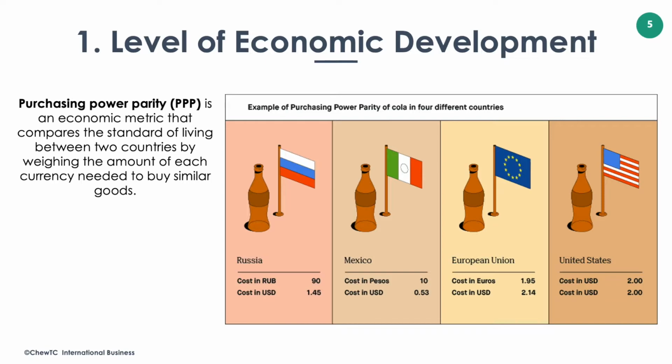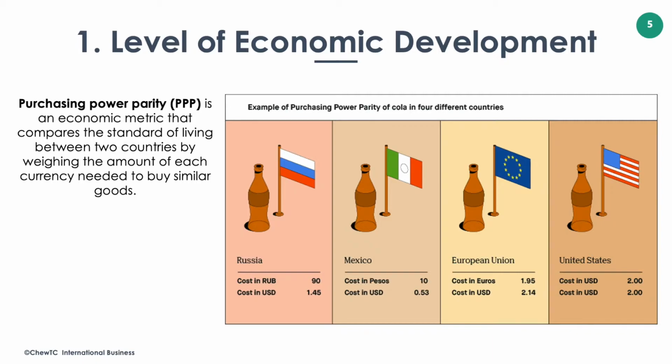In order to account for differences in the cost of living, one can adjust GNI per capita by purchasing power, referred to as purchasing power parity, PPP. It allows a more direct comparison of living standards in different countries.